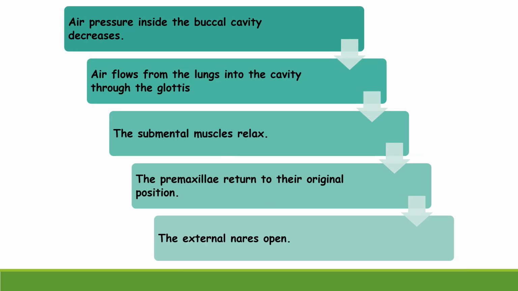Now see the next step. Air pressure inside the buccal cavity decreases, because the buccal cavity volume was increased. Because the lungs have huge pressure, with a large amount of air present inside them, the air automatically flows out of the lungs with the help of the opening of the glottis.